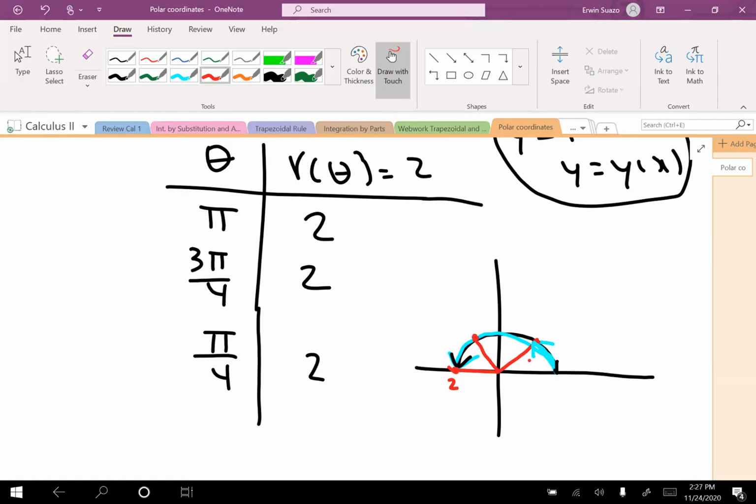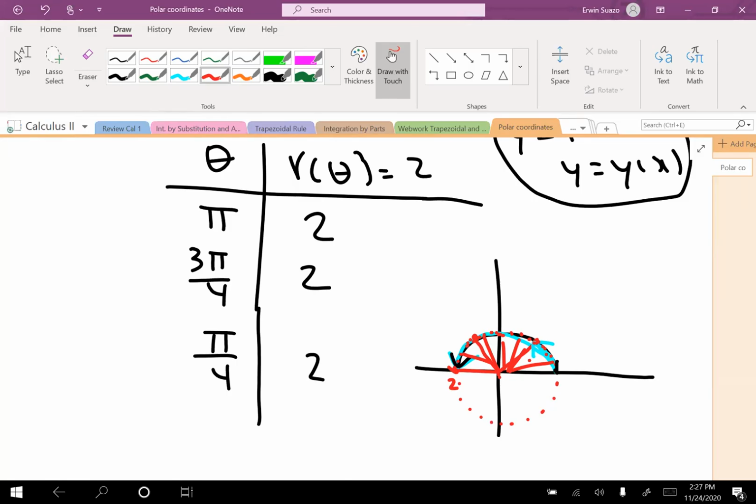So any idea what it's going to be? What is the distance from this point to the center? 2. So it doesn't matter the angle, the distance is going to be the same. So all these points must have distance 2, and all these guys must have distance 2.